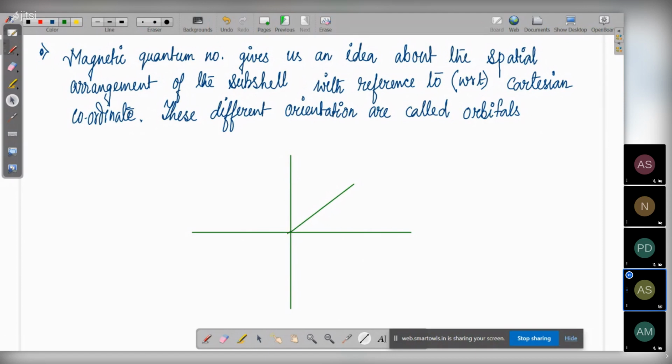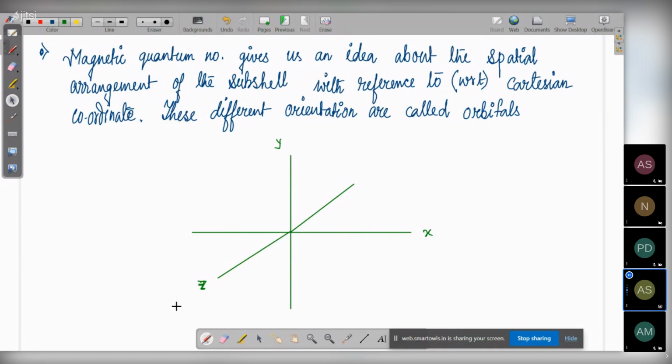This is called the Z axis. So this is the X axis, Y axis, and the Z axis. The Z axis is again perpendicular to the X and Y axes, so X, Y, and Z are all perpendicular.